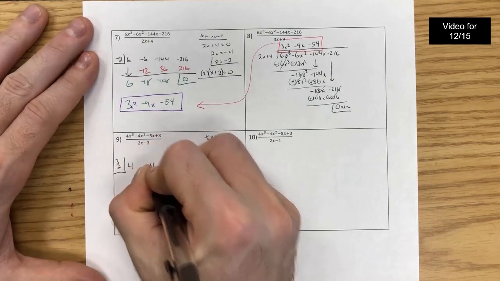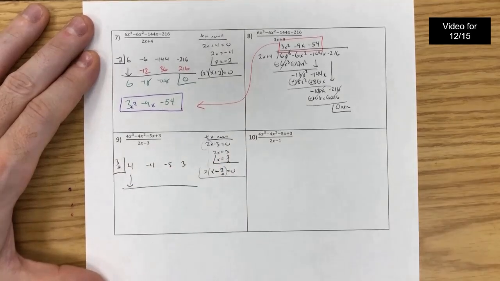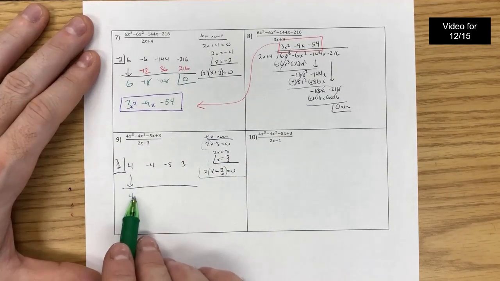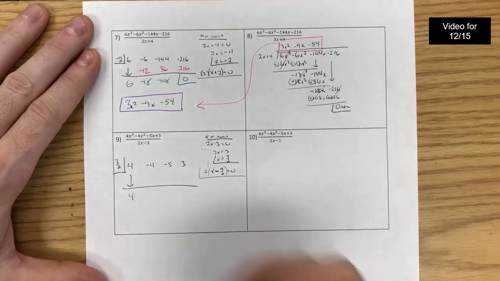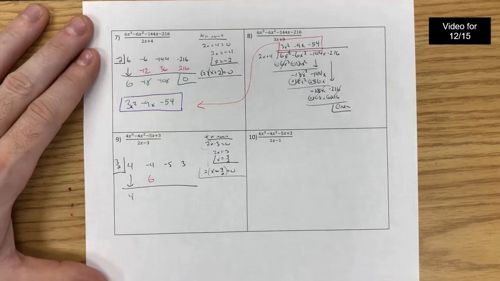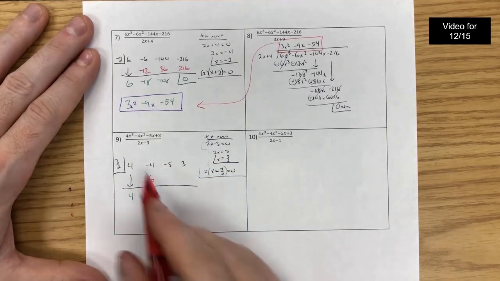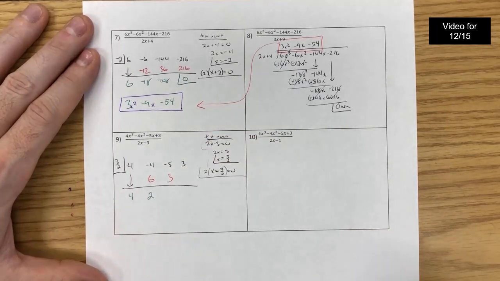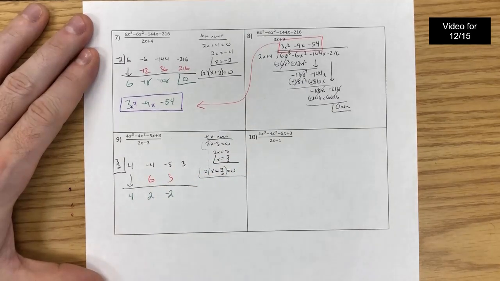So 4, negative 5, and 3. So 4 times 3 halves, that's going to be 2 times 3, which is going to be a 6. It's going to be a 2. 3 halves times 2 is going to be a 3, which in this case is going to be negative 2.